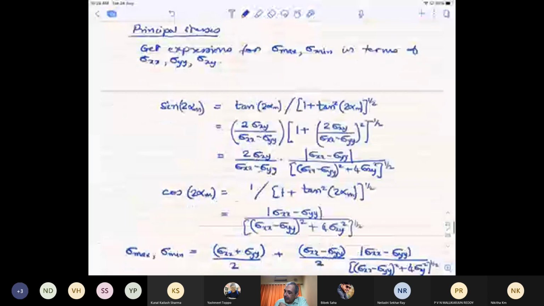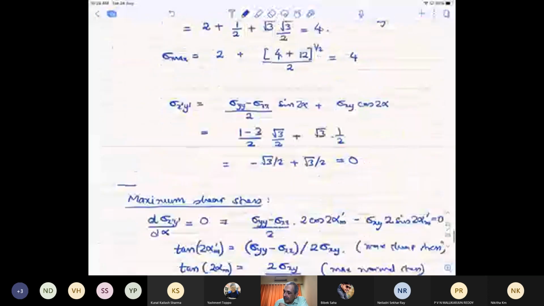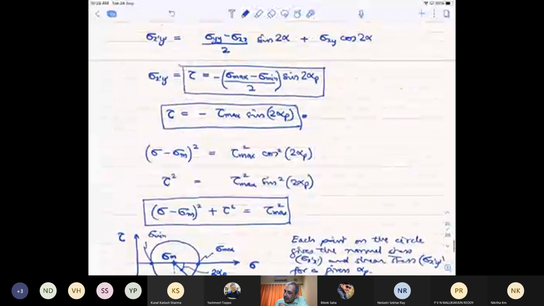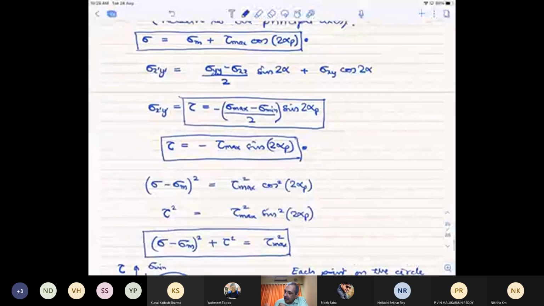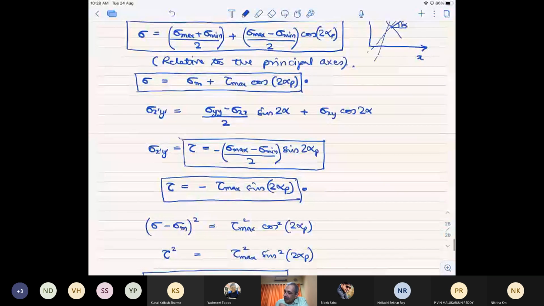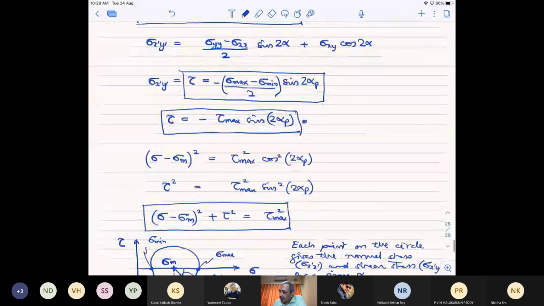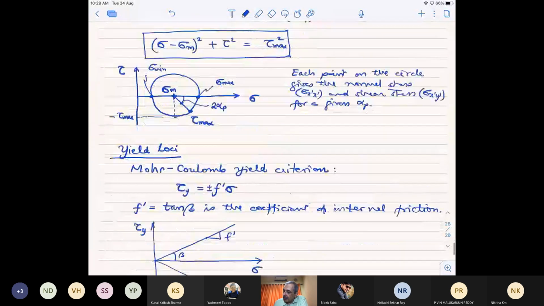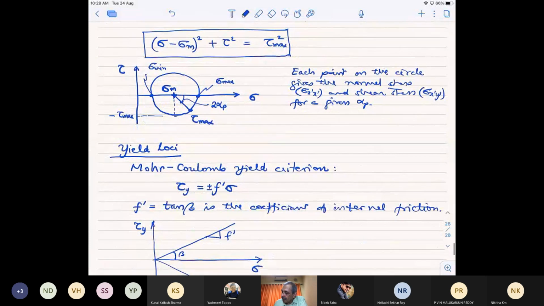We have been able to express that stress tensor as just sigma and tau, which are in terms of the principal stresses and the angle alpha p, relative to the principal axis. And then once we put it in this form, we see that the stress has to lie on this circle.